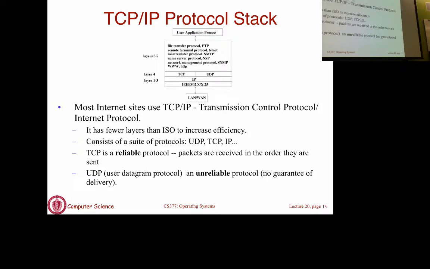UDP is a simpler protocol that does not provide any reliability. It doesn't retransmit packets. It is typically used in LAN environments where the network is reliable, generally speaking. So you don't really need the additional overhead of tracking which packets were sent and which got corrupted and so on.